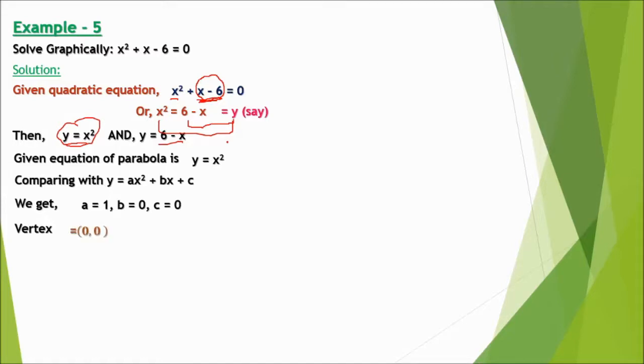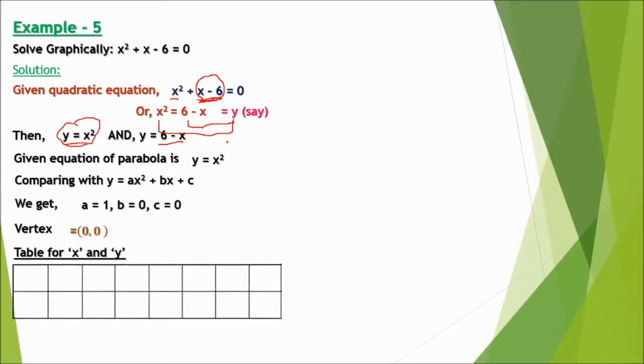So vertex is 0 comma 0, and now a table for x and y, with the vertex in the middle, 0 and 0.